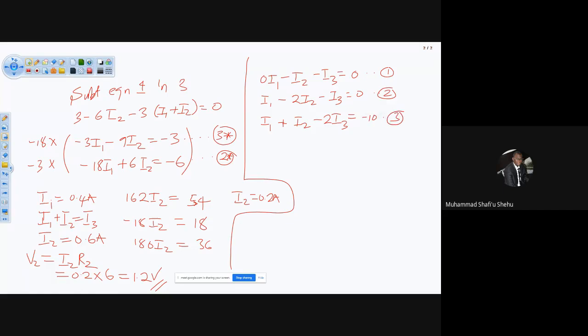The simplified form of the three equations, are they correct? Or you cross-check? You may cross-check.